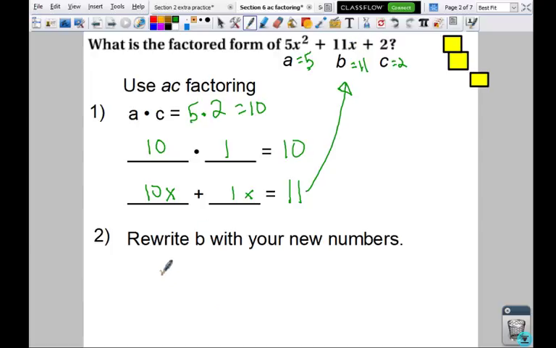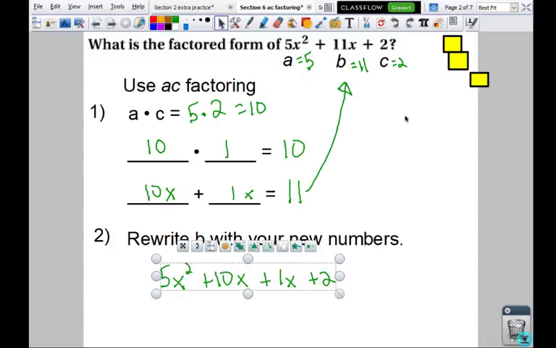So I'm going to have a 5x squared plus 10x plus 1x plus 2. So I did AC, A times C, which was 10. I said what times what is 10 and adds up to the B, which was 11, the number in the middle. And then we split up B with our two things.